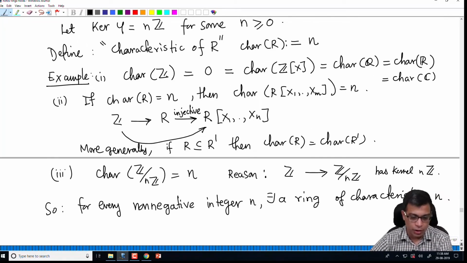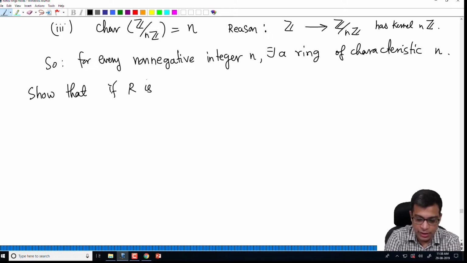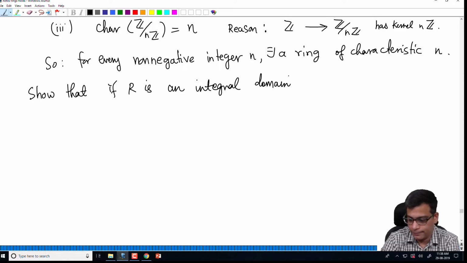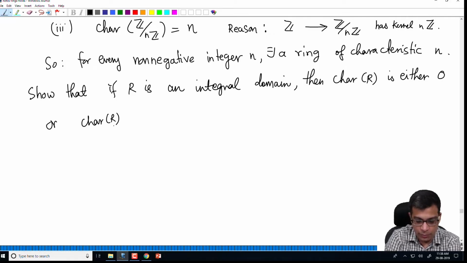So we have not yet gotten to the problem, but the problem I will ask now is: show that if R is an integral domain, then the characteristic of R is either 0 or a prime number.